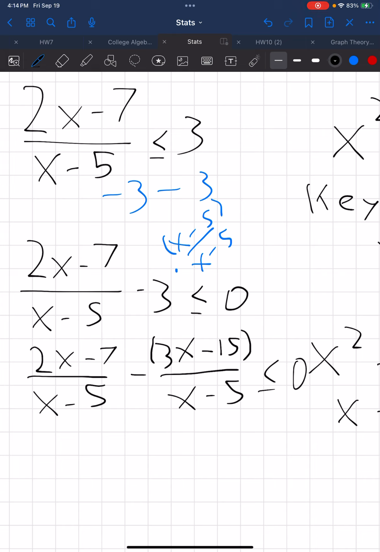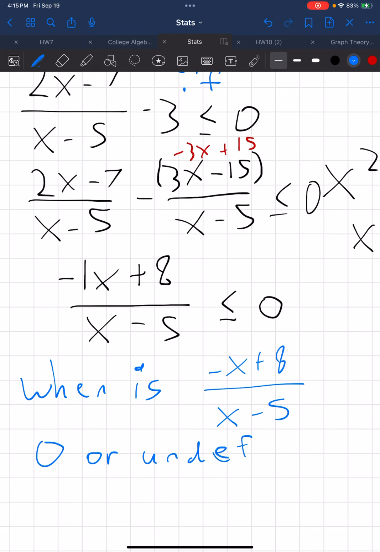Now this key values conversation can really start. And now we ask, when is negative x plus 8 over x minus 5 0 or undefined?